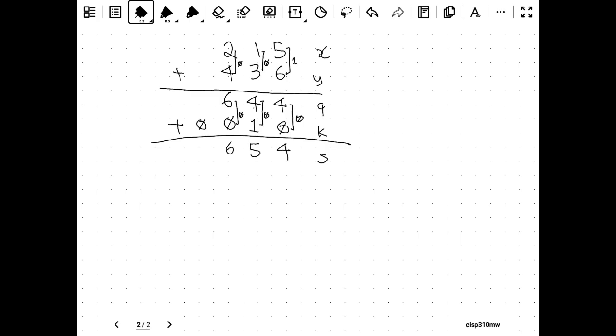Cool. Okay, so this is what I claim. I claim that in base 7, 215, don't say it as 215 because that implies it is in base 10 already, so we'll just say this is 215 in base 7 plus 436 in base 7 is 654 in base 7, according to this math.